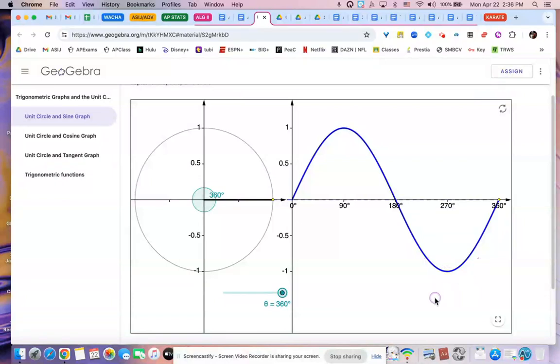So when we want to do modeling of wave functions and stuff like that, sound waves and actual water waves and any other thing, the temperature in the room that repeats itself, this is a sine function. It starts at 0, and as the angle gets larger, the sine ratio gets closer and closer to 1, but then it goes back down to 0, and then it goes to -1 and back up to 0 again.